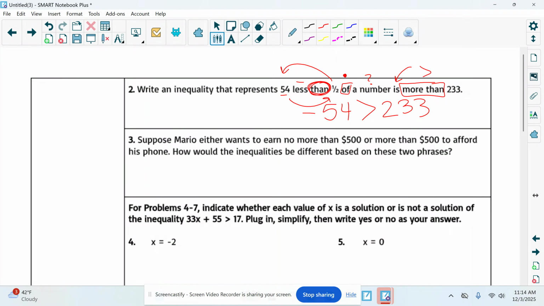It's a variable. You get to pick. They don't care. Okay? So it could be 1/2, I could put 1/2 P for Pittman, 1/2 C for Cameron, 1/2 M for Mason, 1/2 A for Ashton. It doesn't matter. So this is 1/2 P minus 54 is greater than 233.